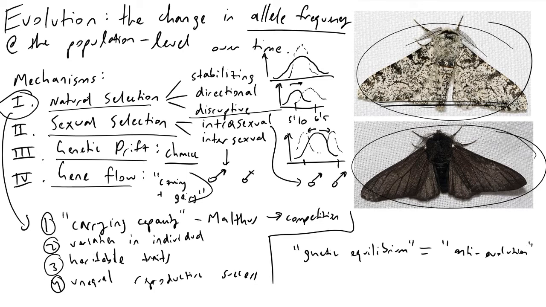So what happens in genetic equilibrium is we say that there is random survival, and random survival implies that natural selection doesn't occur because there's nothing to cause a change in our allele frequencies. We say that there is random mating, and that nullifies the mechanism of sexual selection.